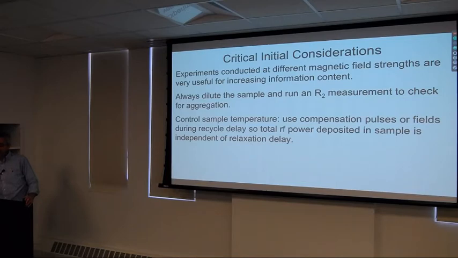So during the relaxation period T, as the number of pulses increases, the number of dummy pulses applied in the recycle delay will be decreased, so that there's a constant number of pulses.